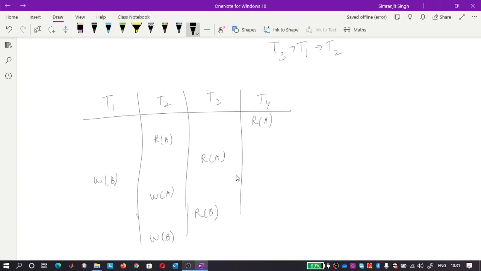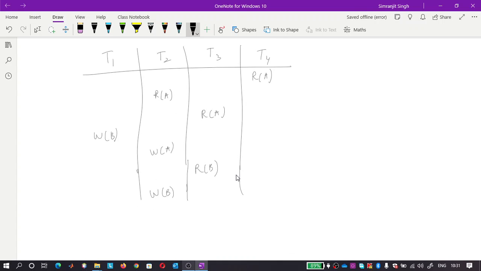Take your time, pause the video, try to solve this question, and then you can unpause and see the solution. Follow the same method. I hope you have paused the video and tried to solve it. Now check it.